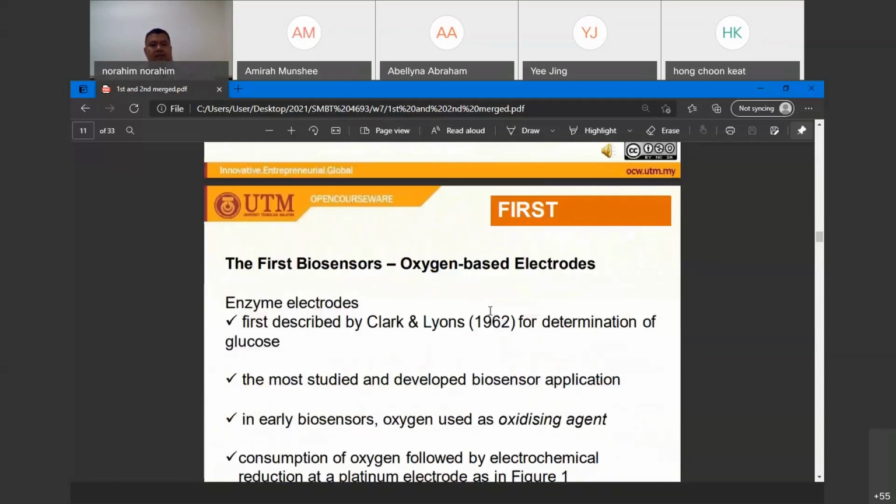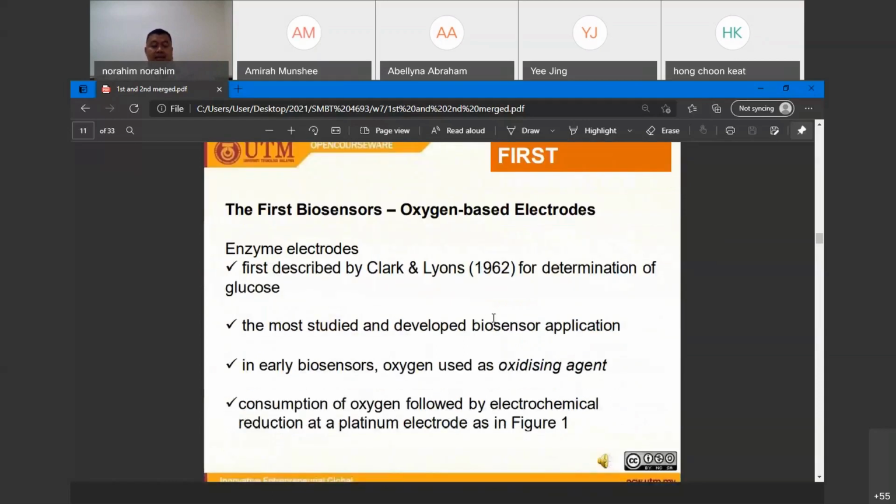The first biosensor is an oxygen-based electrode. It's an enzyme electrode, where on the surface of the electrode you immobilize your enzymes. It was first described by Clark and Lyons in 1962, who constructed this biosensor to detect glucose.